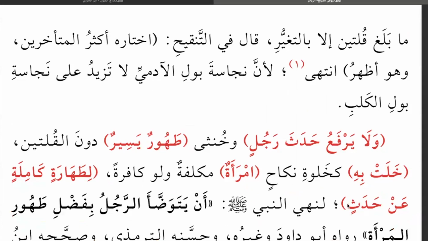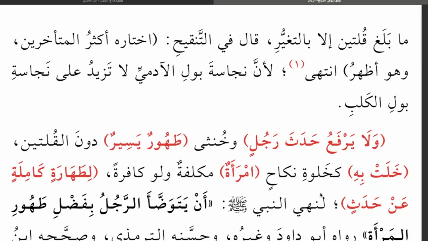But this water, a woman was alone with it, and she used it for a full purification after breaking her wudu. So it is a small amount of water that the woman was alone using to make wudu or to make ghusl. And this water is left after her purification.